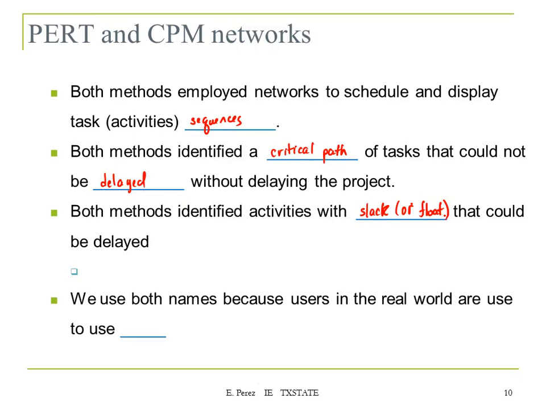But there are going to be paths in which you cannot do that, and that's your critical path. So this is without exceeding, or let's say extending, the time required to complete the project.